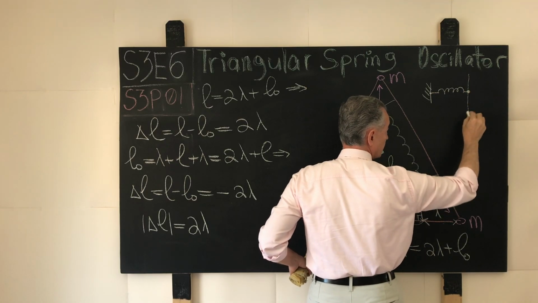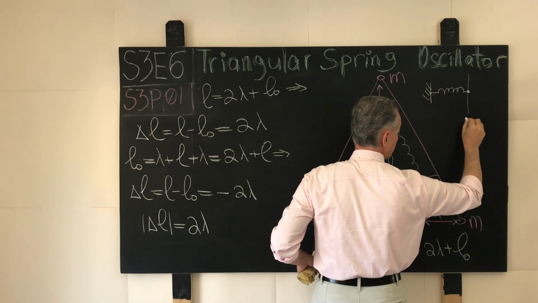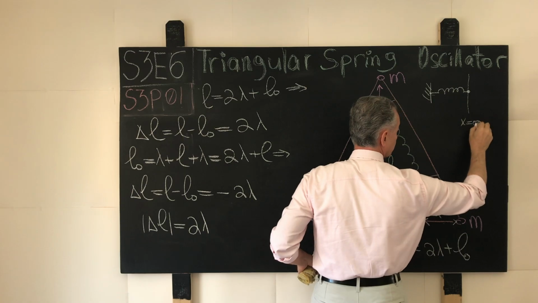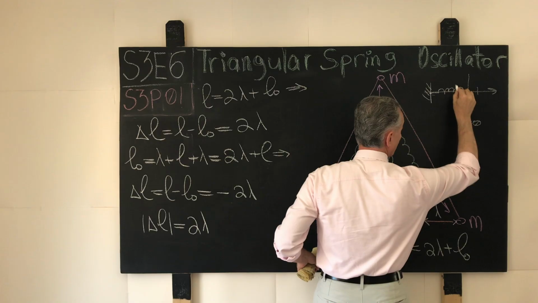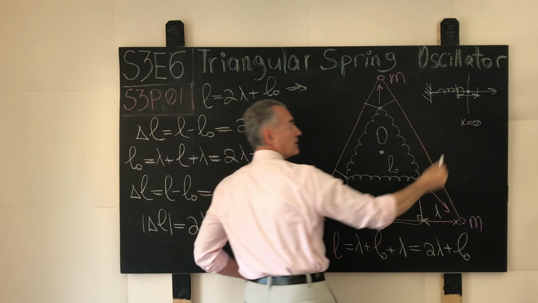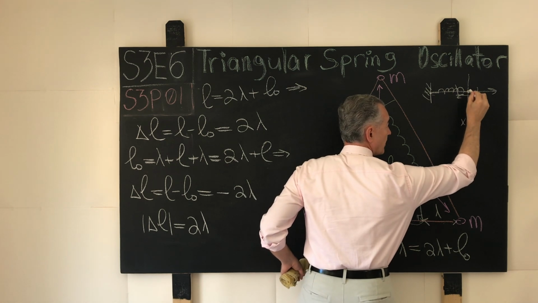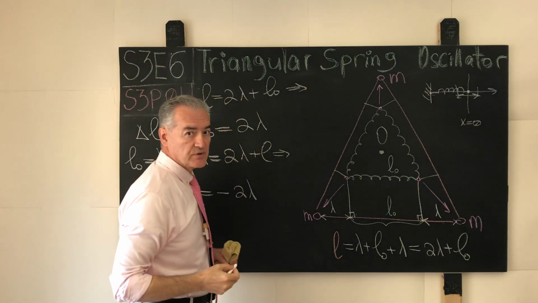At this point, we will say x equals 0. Let's say we place the coordinate system this way, and in this narrow band over here, somehow our point oscillates back and forth with respect to the point of stable equilibrium.